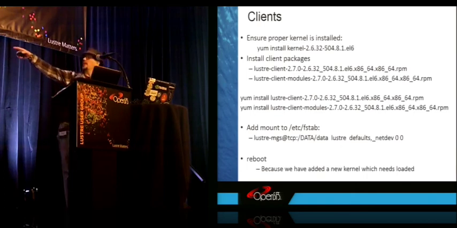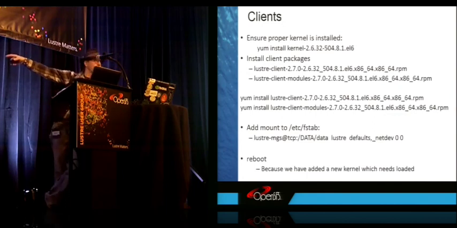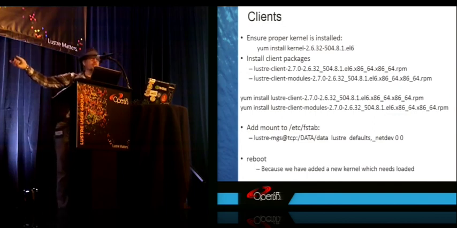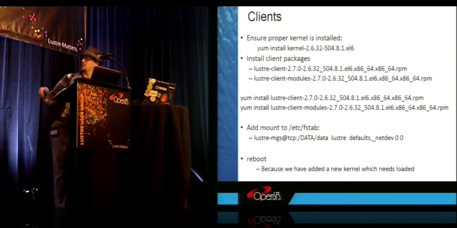And then in your fstab, all you have to do is put the system that's your MGS, and then whatever your transport is, in our case TCP, colon, and then slash the name of your file system and where you want to mount it. There should be a space after that. I like to name my Lustre file systems all uppercase, just so I know when I'm looking at mount commands and fstabs what's going on.